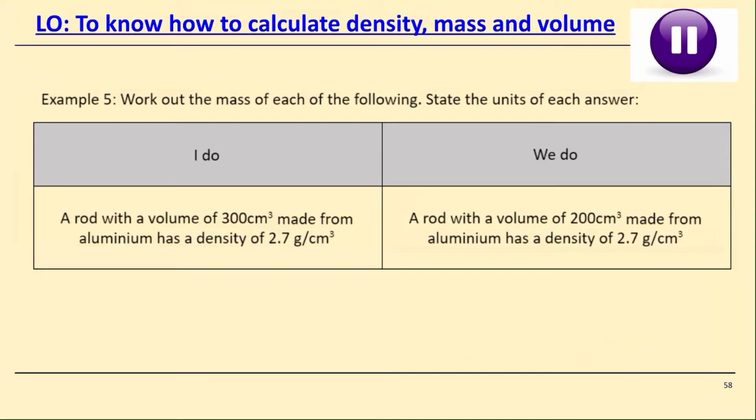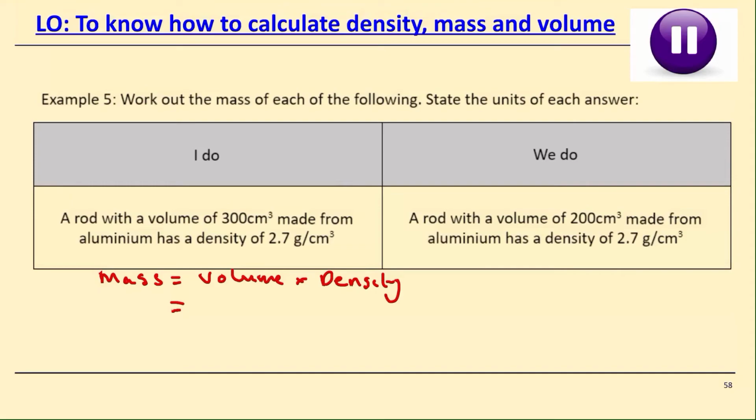Example 5. Work out the mass of each of the following. So here we're working out the mass. So if you remember a couple of slides ago, I was saying how that equation was going to be super handy. So mass equals volume times by density. So first up, we need to identify the volume.